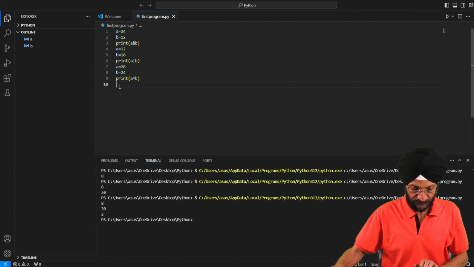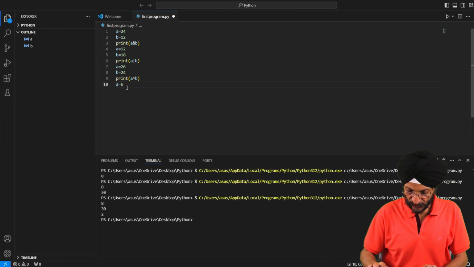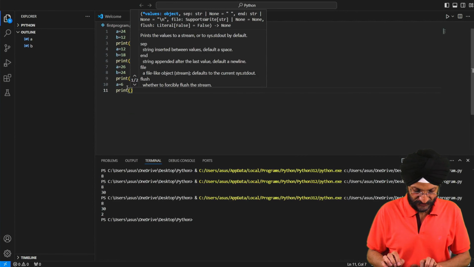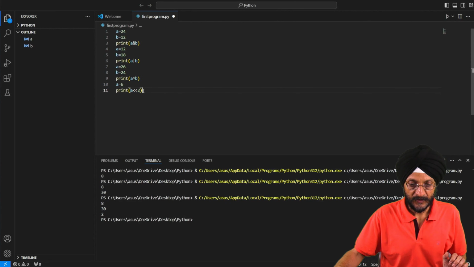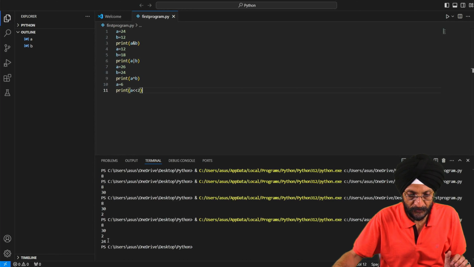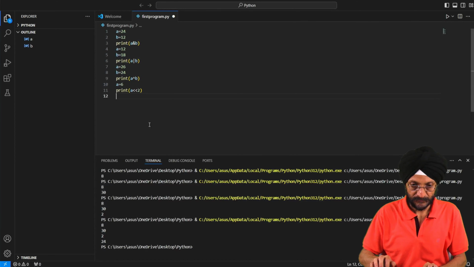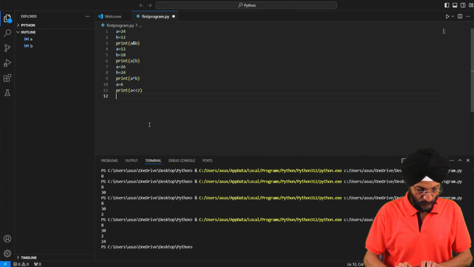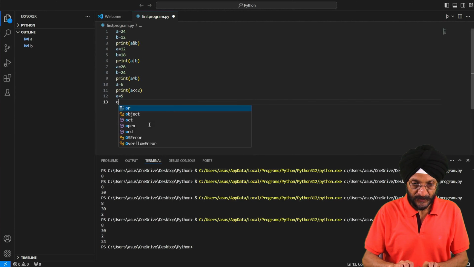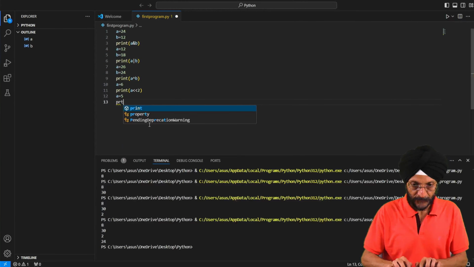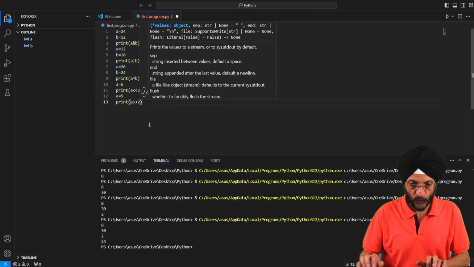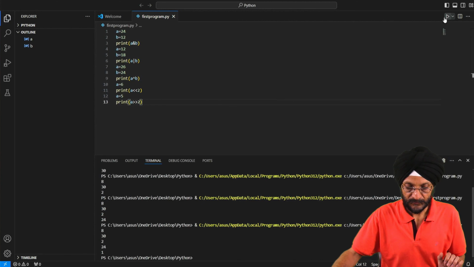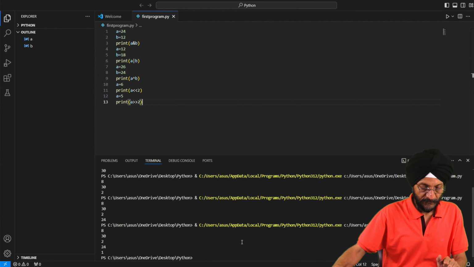If we use A is equal to 6, and now here we are using left shift 2, the output will be 24. Now we are using A is equal to 5, print A right shift 2. So now the output is 1.